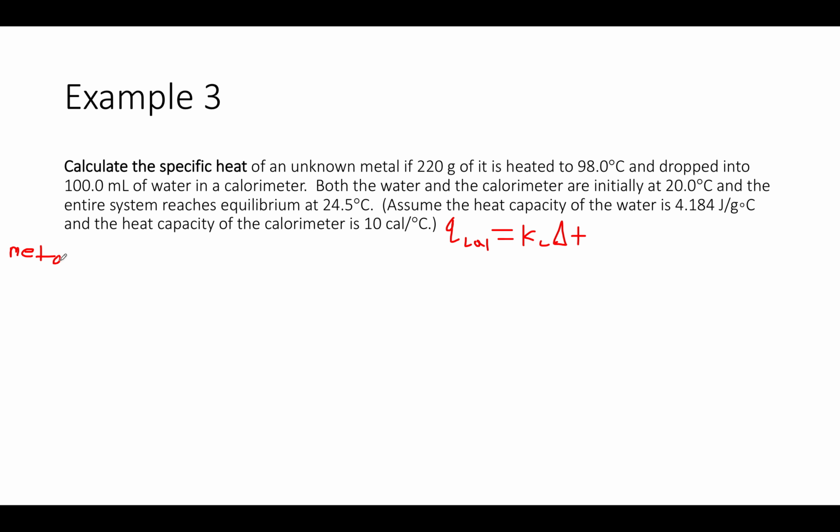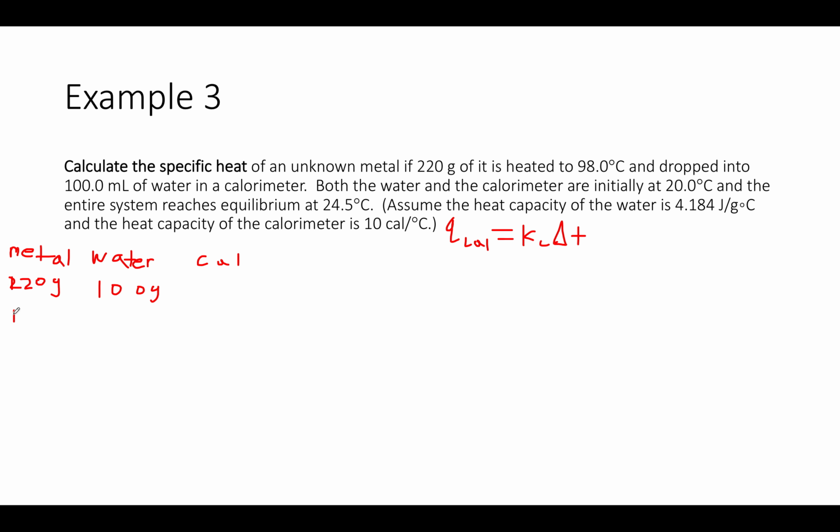I have the heat of the metal, the heat of the water, and the heat of the calorimeter. I know that the metal is 220 grams. The water, we have 100 mils of it, so that's 100 grams. The density of water is 1.